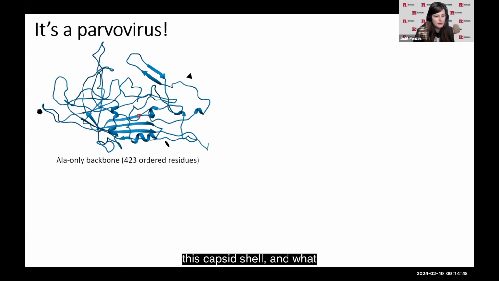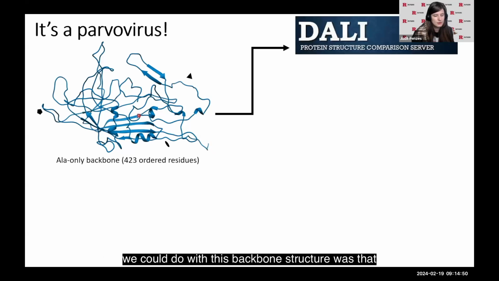And what we could do with this backbone structure was submit it to a protein structure comparison server called DALI, which takes structural information and compares it to the entire Protein Data Bank, the database where all protein structures that are submitted get deposited.